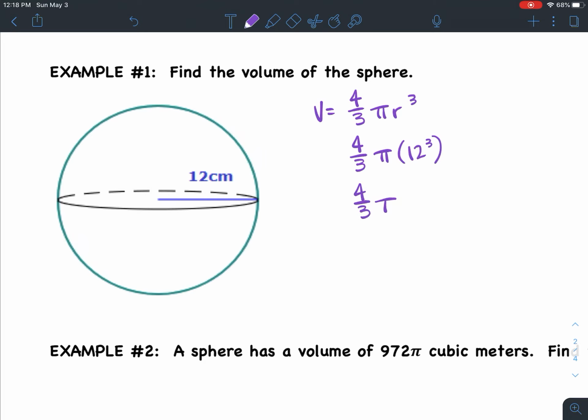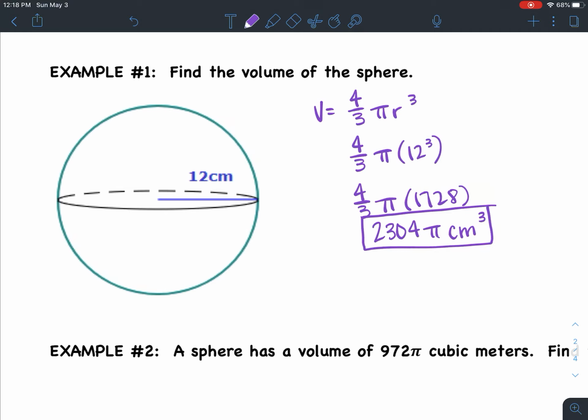So I'm going to have 4/3 pi times 1728. And I'm just going to take parentheses 4/3 times 1728. And that gives me 2304 pi centimeters cubed.